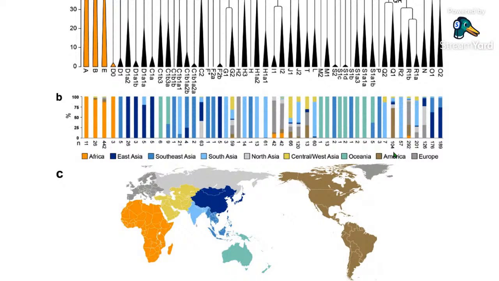But anyways, so this is Greek, of course. This is actually the sea people. And the R1B is Mediterranean.